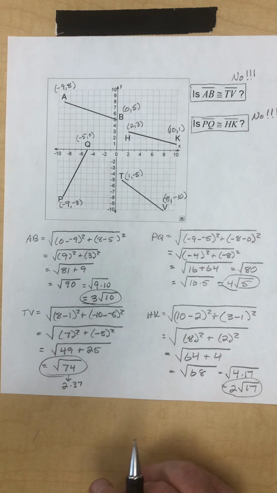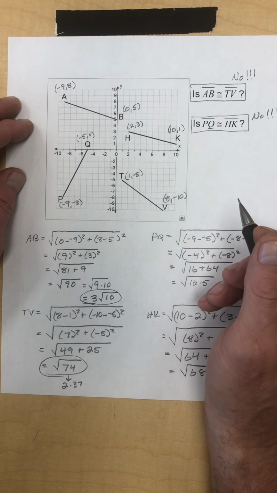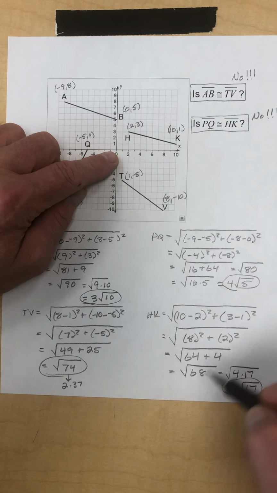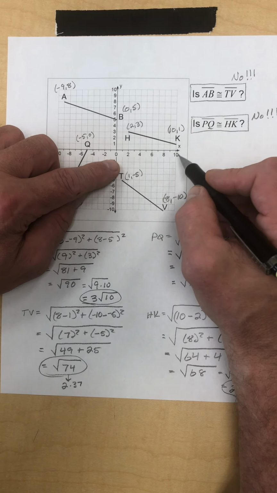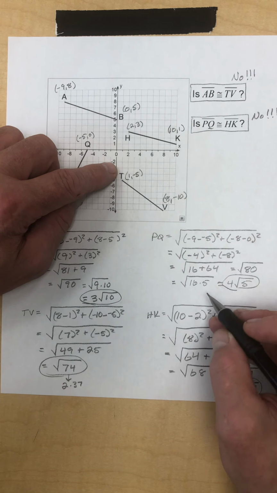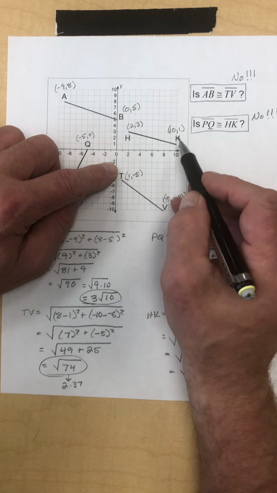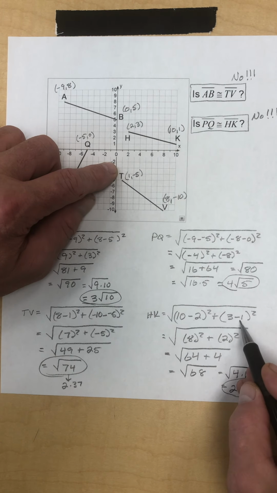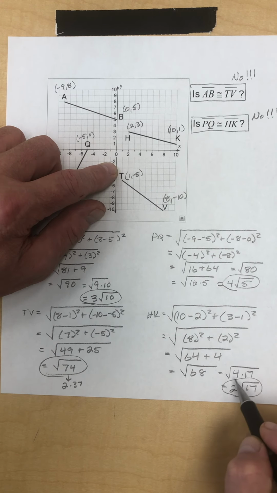Okay, so I'm going to go back and check my work. I want to make sure I have the right coordinates. Let's do HK first. H is at 2, 3. Okay, good. K looks like it's at 10, 1. So if I subtract the x coordinates, 10 minus 2, and subtract the y coordinates, 3 minus 1, that definitely gives me 8 squared and 2 squared. So I'm good down here.